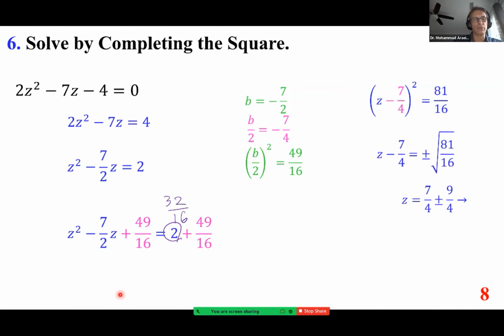So as an example, just to make sure we understand what happens here, 7 over 4 plus 9 over 4 is 16 over 4, which is 4. And if you subtract them, 7 over 4 minus 9 over 4, you get negative 2 over 4.